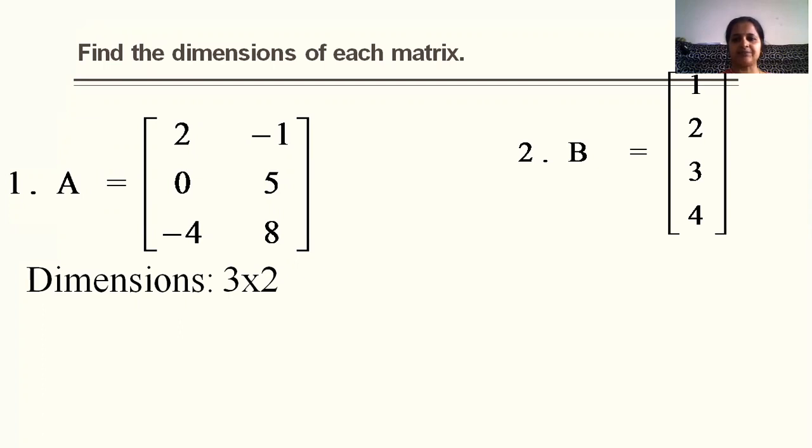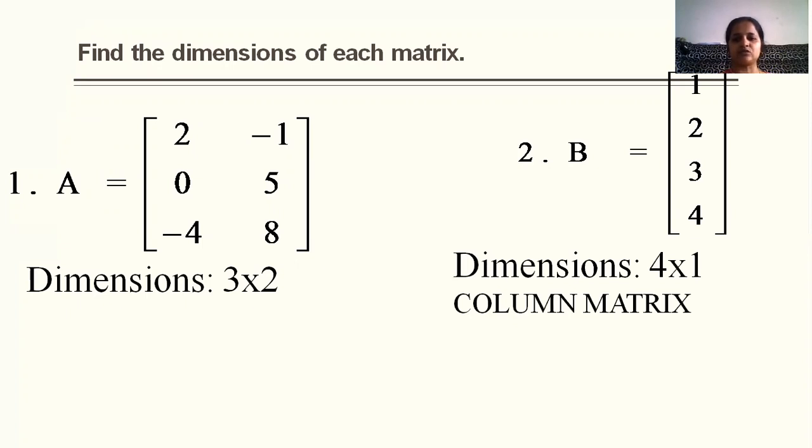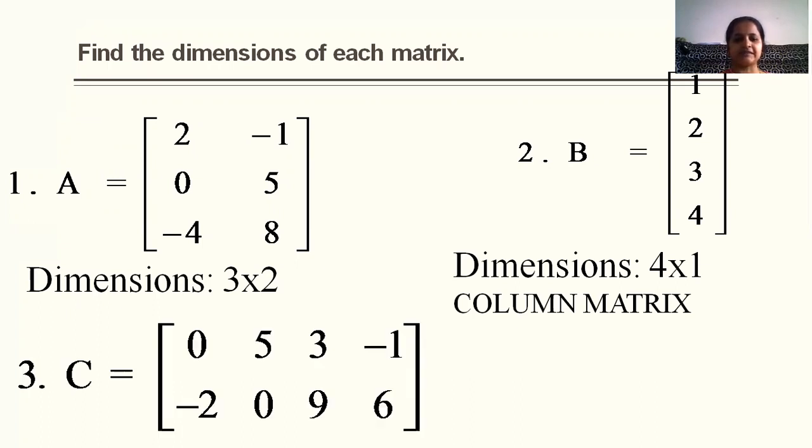Next you can see there are 4 rows and 1 column. So 4 into 1. This is also called a column matrix because there is only 1 column in it. We will see it in special matrices. Next you can see there are 2 rows and 4 columns. So it will be 2 into 4.